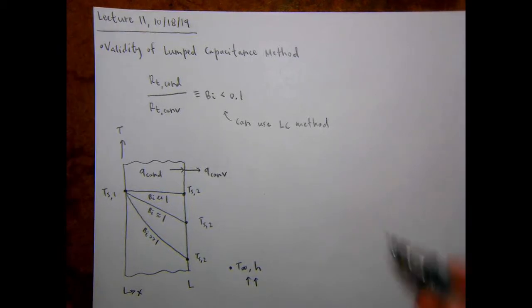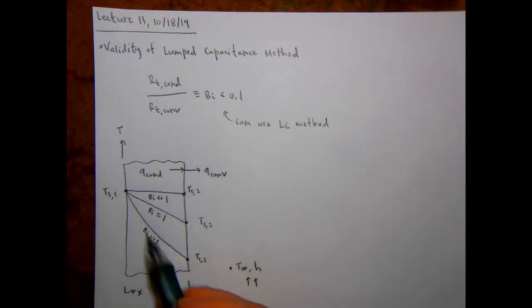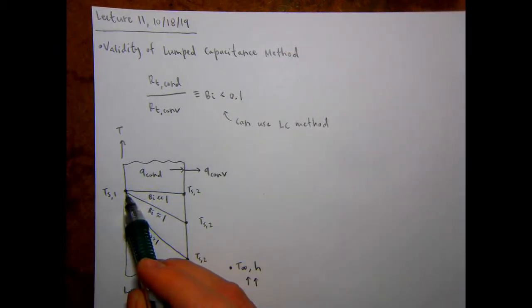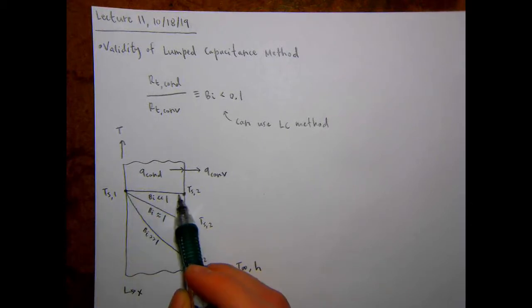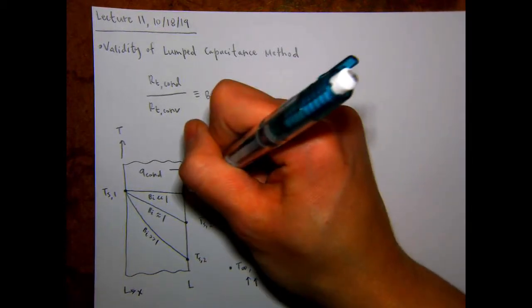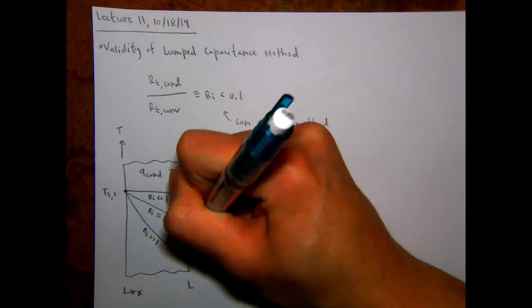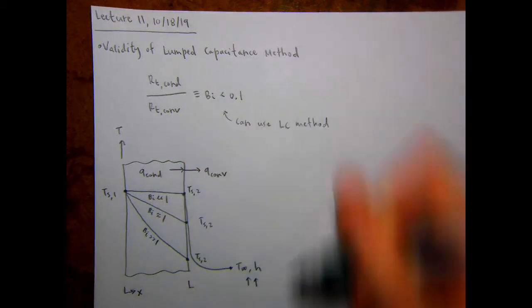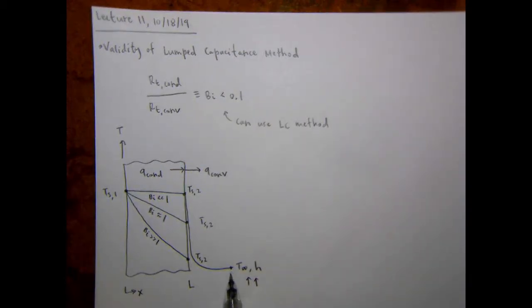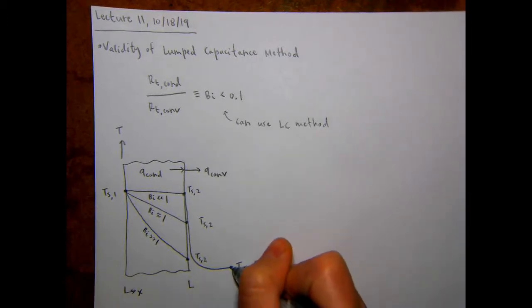So for this case, you would have a small change in the temperature within the wall, and then a really big change to get down to the ambient temperature. So really big temperature decrease.